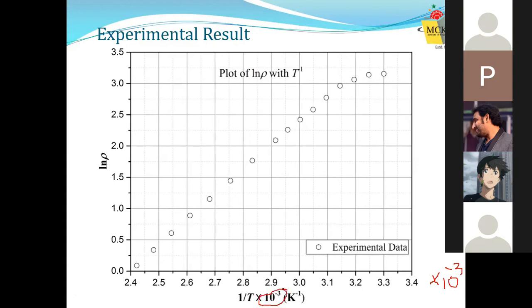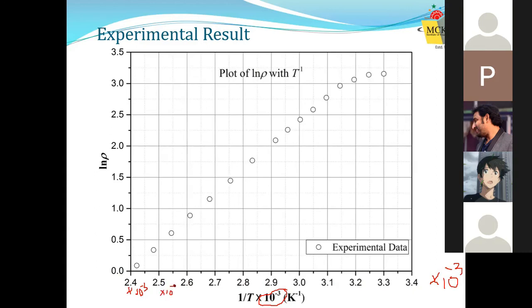It will be implied that this 10 to the power of minus 3 factor is multiplied with every reading. Do not think that they are 2.4, 2.5, 2.6. It is basically 2.4 into 10 to the power of minus 3 T inverse, and this point is 2.5 into 10 to the power of minus 3.